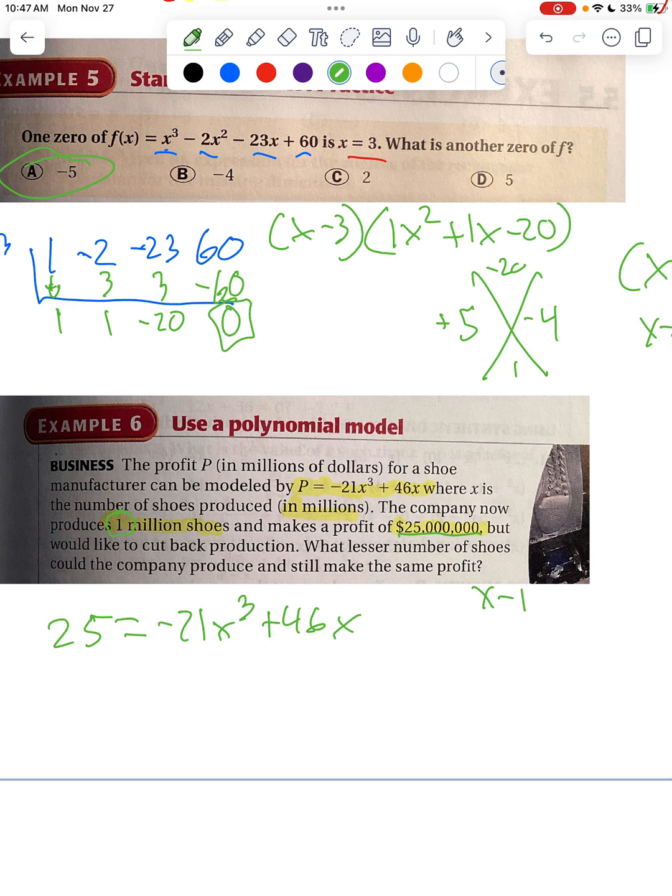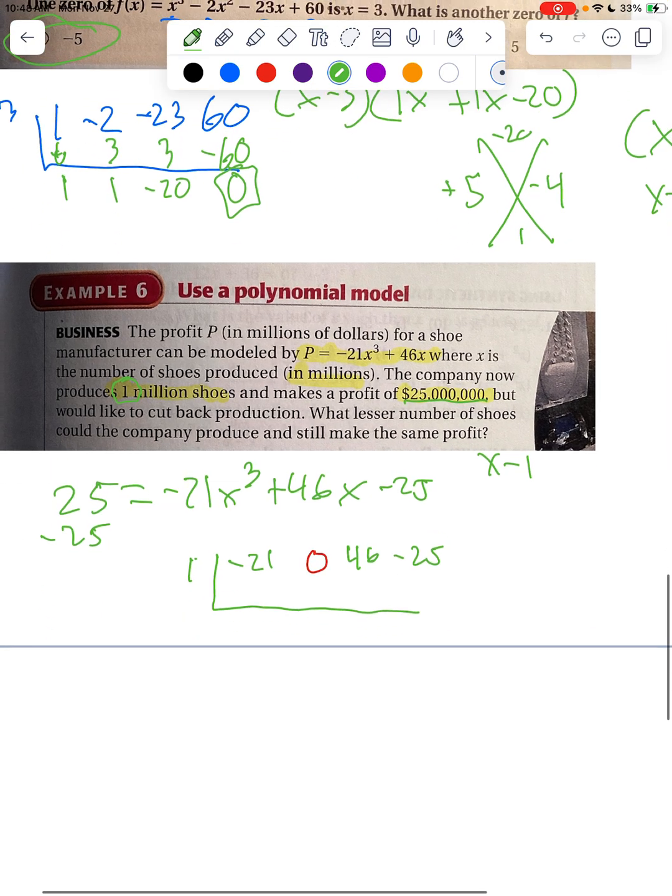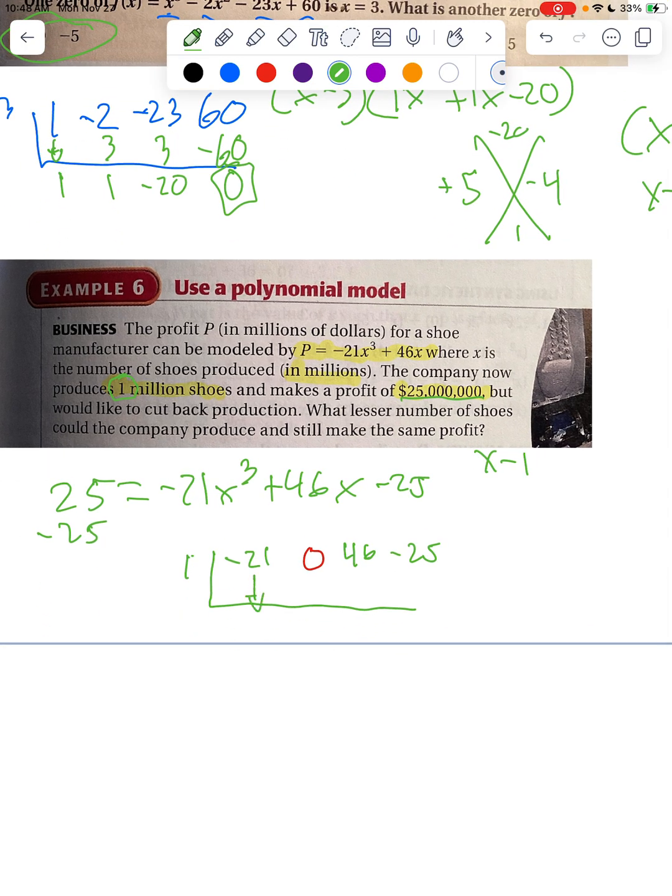So again, let's subtract 25 over here. And I'm going to take this equation, when I know it works, which is at 1, and plug in. Now I did skip. We went from x to the third to x, so we have to use a placeholder of 0 for x squared. So let's see what we get.